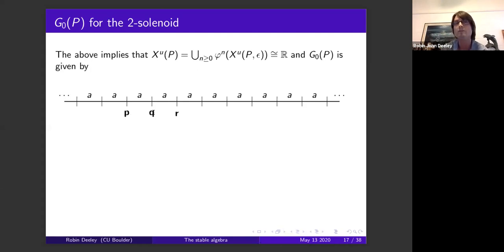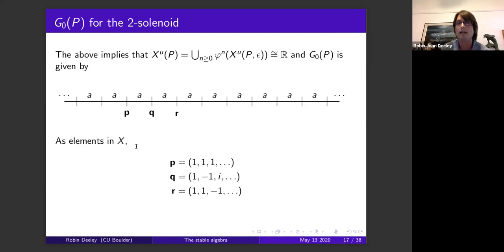And each one of these points P, Q, and R are all points which have first coordinate 1, right? And you can sort of visualize going around the circle, winding around, and these points here will each have the same first coordinate, or 0th coordinate. Okay, so here, as elements in X, is what P, Q, and R are. P is the point all ones.